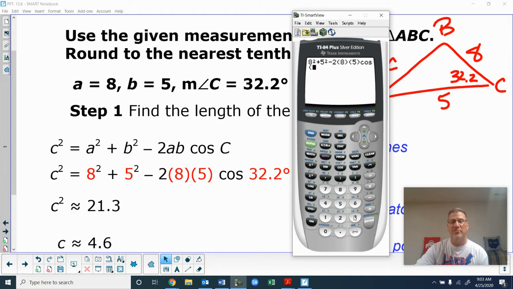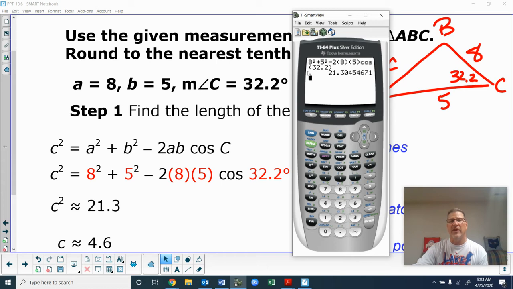Remember, it has to be in degree mode, 32.2. Close it up, hit enter, and there's your 21.3 if you round it to the nearest tenth.